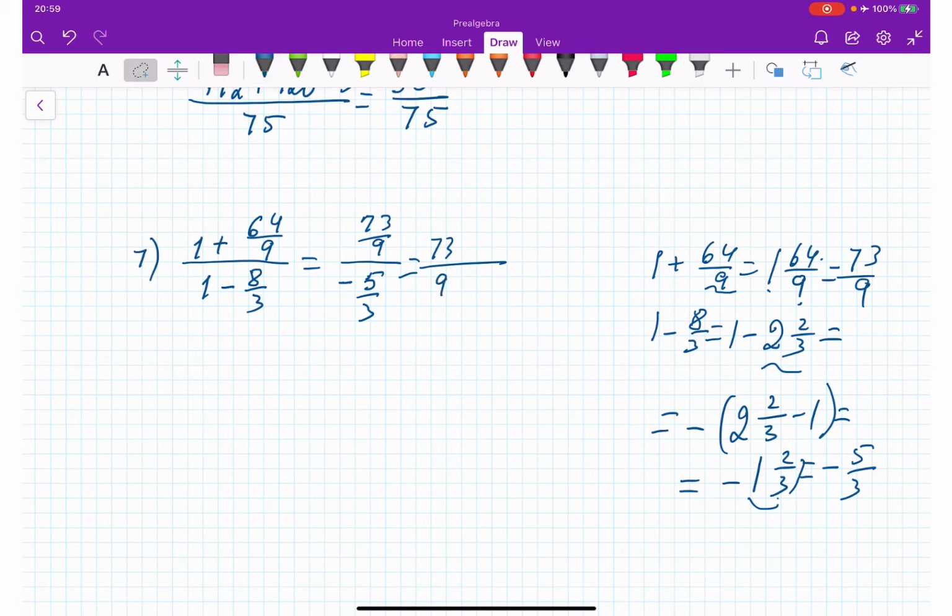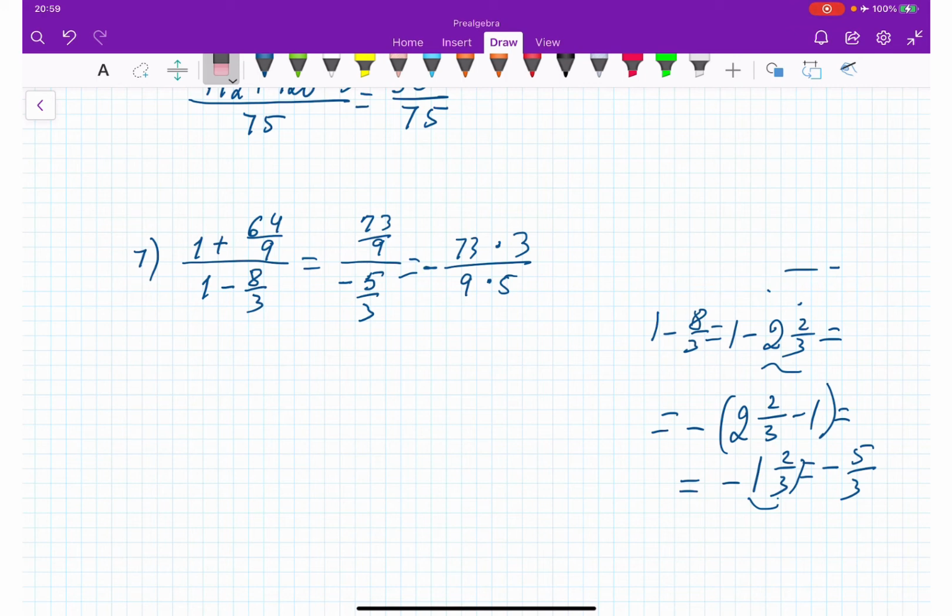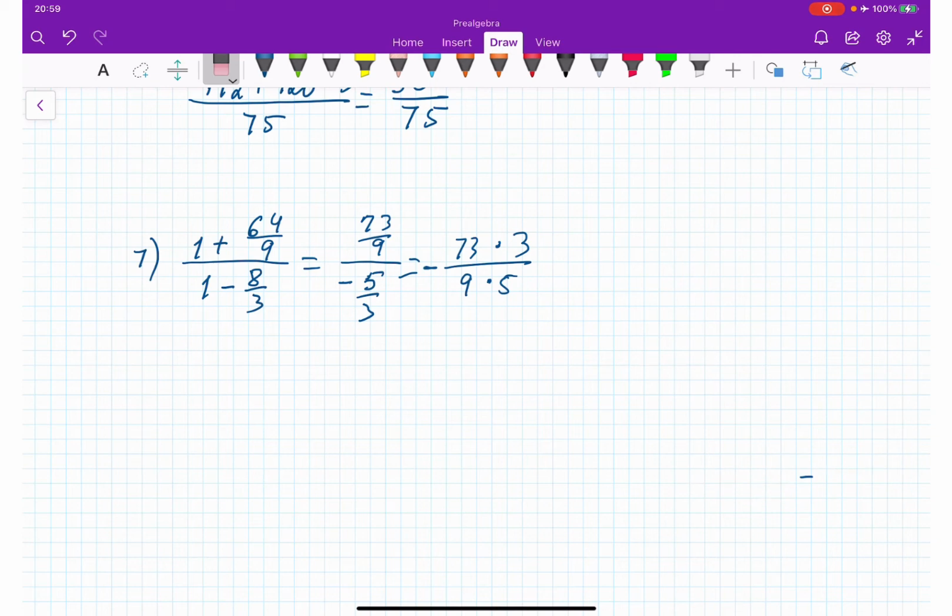Let me move this a little bit away so I can put the equal sign and negative sign there, and then times 5 over 3.